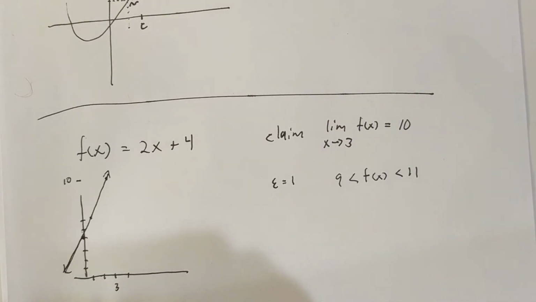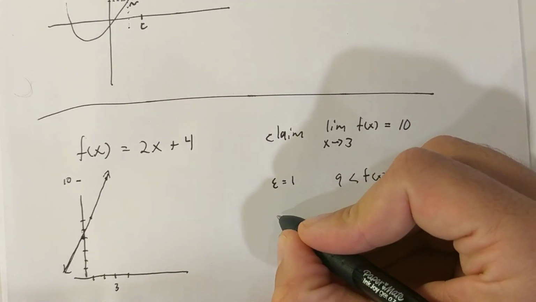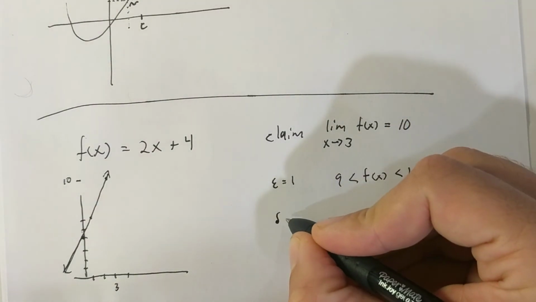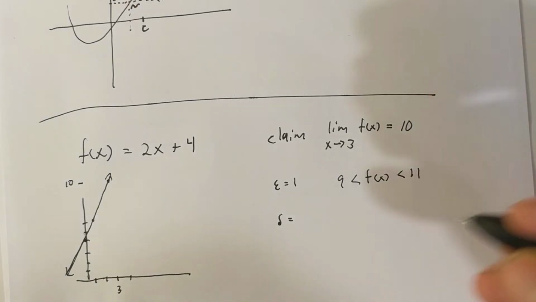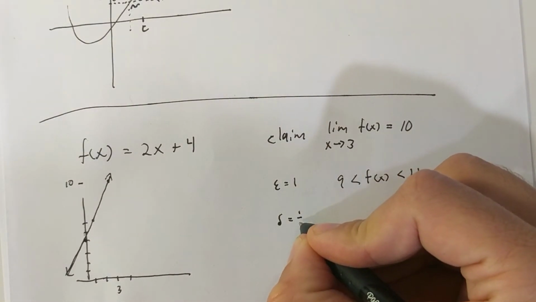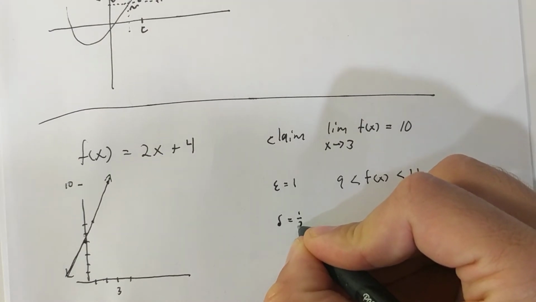Well, how can I guarantee that the function's in between 11 and 9? Well, I can guarantee it as long as, what would be my delta? Well, if my delta was 1, let's just guess, so let's do 1/2.